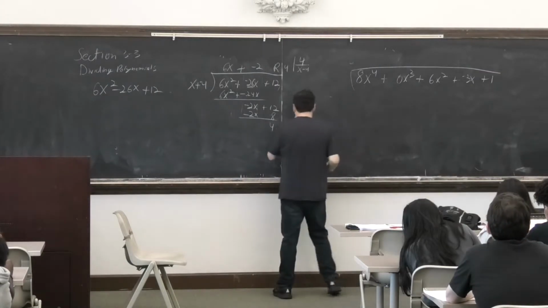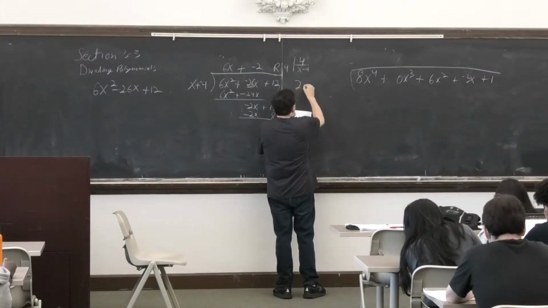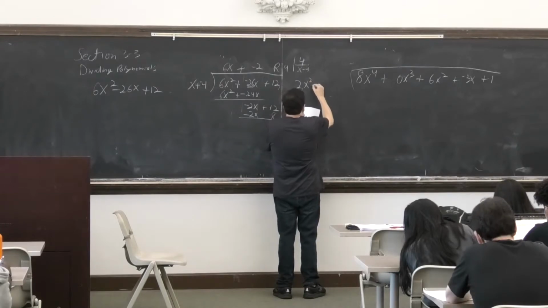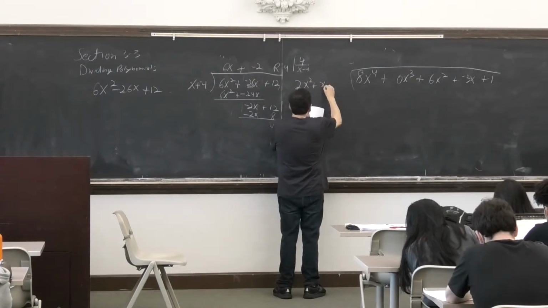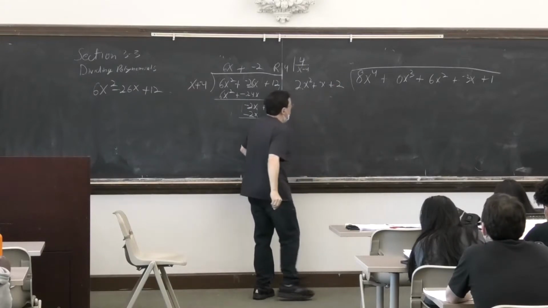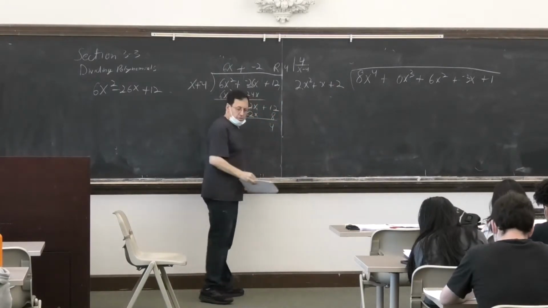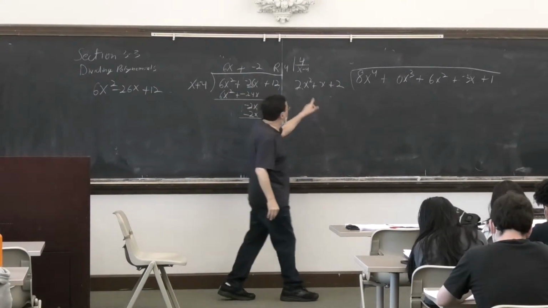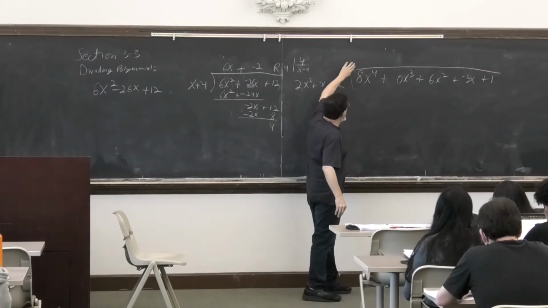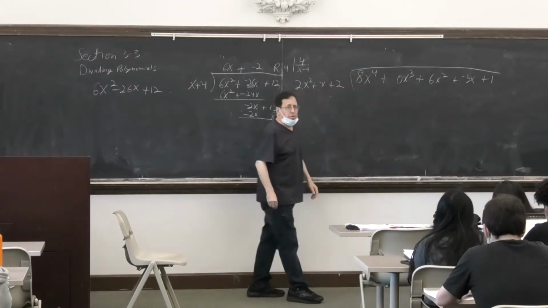And I'm going to divide this by 2x squared plus minus x plus 2. Right. Someone tell me what's going to go here. What's the first step going to be?